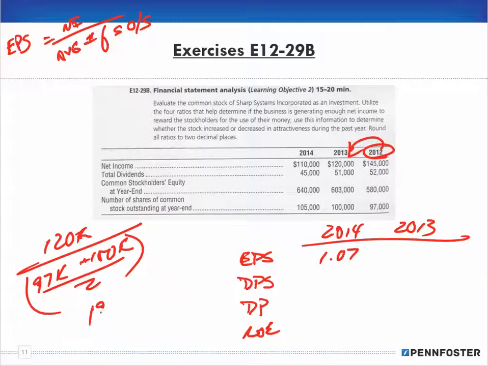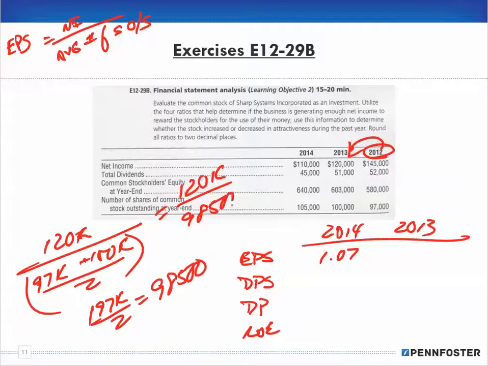So that's 197 over 2, which is 98.5. So I have 120,000 over 98.5, and dividing one by the other, I get 1.22. All right, so pause the video because I'm going to erase it.